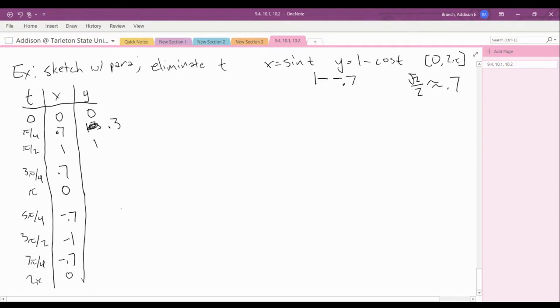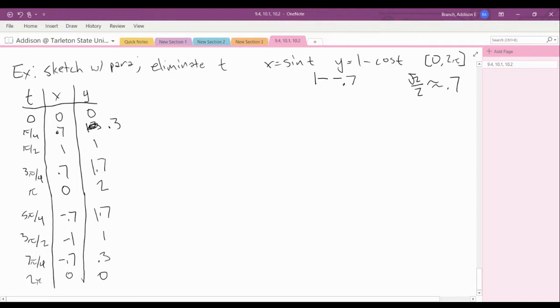So then we can get 1.7. Pi, we get negative 1, so that's 1 minus negative 1 is 2. 5 pi over 4, we're going to go to 1.7. 3 pi over 2 is going to go back down to 1. And then we go back down to 0.3, and then 0.